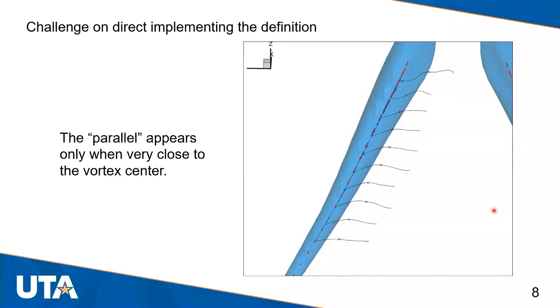Also look at this figure. The challenge is the parallel behavior only exists very close to the vortex center. You can only detect parallel there. Otherwise, you only see normal, perpendicular.